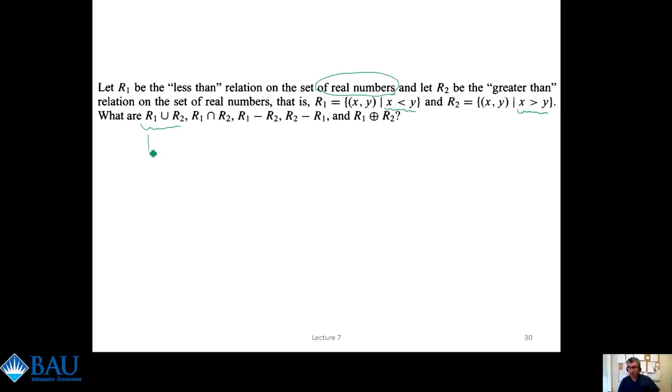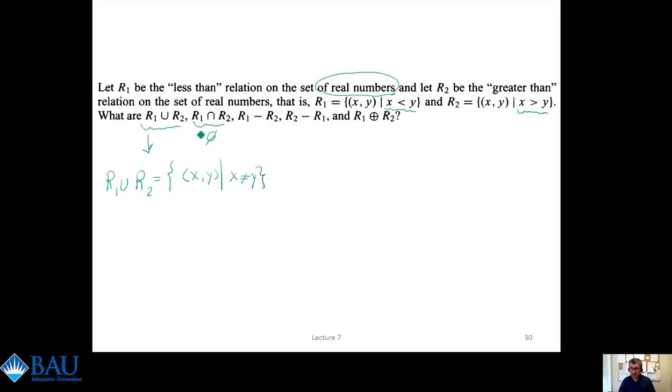So R1 union R2 is the set of all (x,y) such that x is less than y or x is greater than y. In other words, x is not equal to y. Intersection: do we have intersection? No. R1 minus R2 means all elements in R1 which are not in R2.